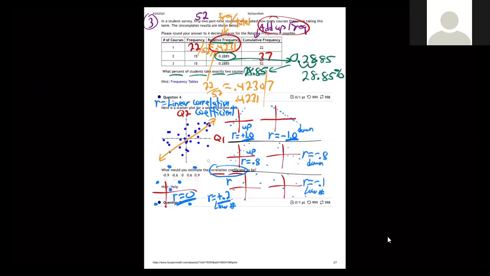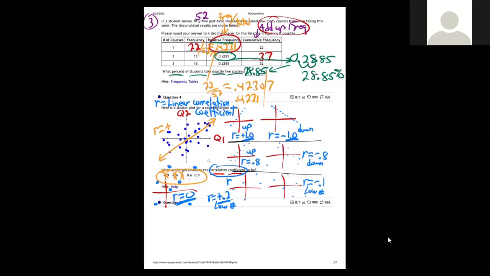So R is going to be something positive, but they're not very tight, are they? So which of these values down here? It's not going to be the negative ones, and it's not going to be 0.